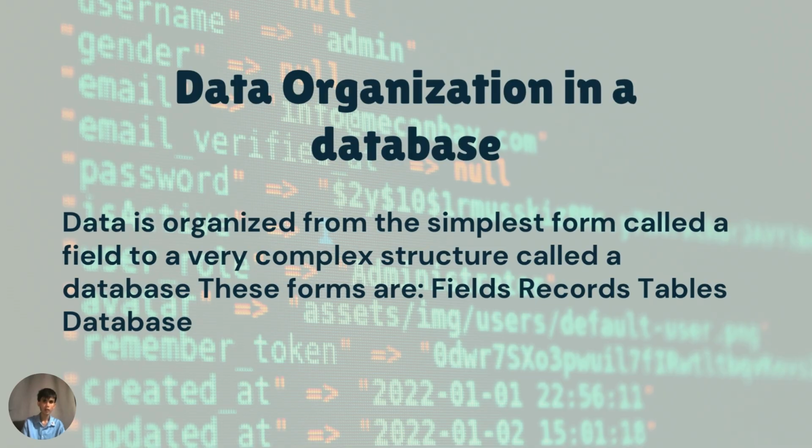A record is a collection of related fields that together represent a single entity. For example, one record might include a person's name, address, and phone number. Finally, we have tables. A table is a collection of related records. Think of it as a way to organize all the information about a specific type of entity.